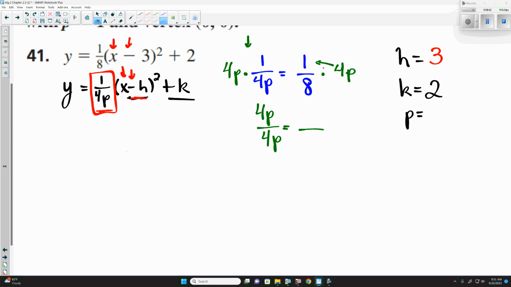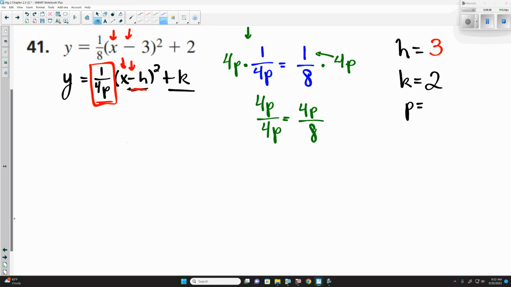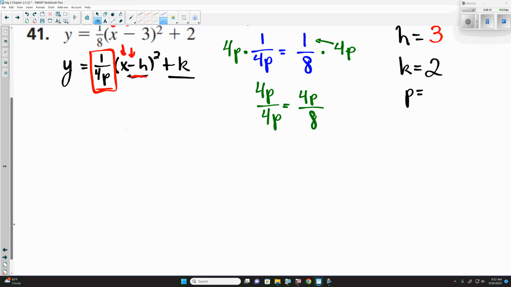We multiply the 4p by the number on top. So we have 4p over 8. On the left-hand side, we have 4p divided by 4p. Anything divided by itself is 1. So the left-hand side reduces to 1. Is equal to, well, 4 over 8 will reduce to what?